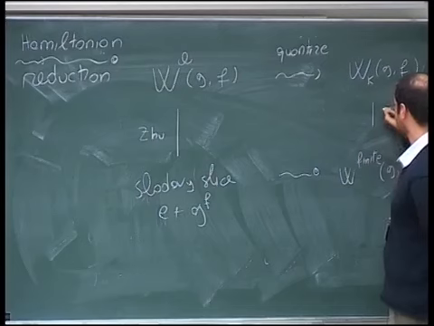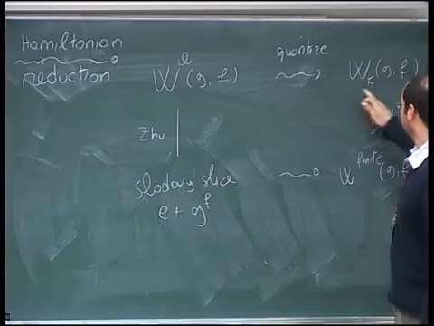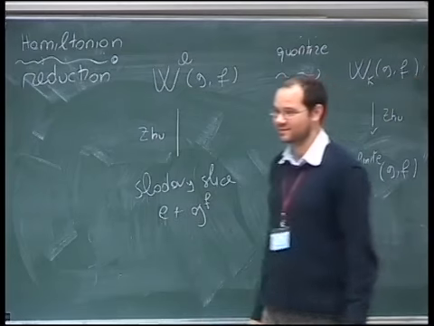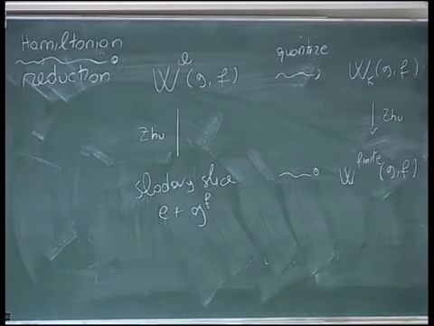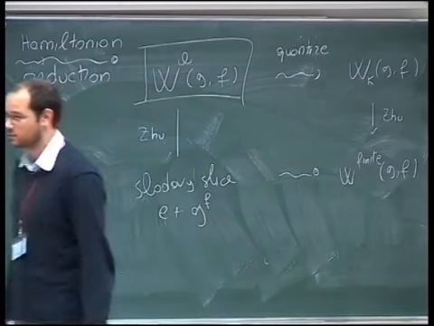And these two are connected by taking the Zhu algebra. So this is what Arakawa defined, and this is what many people discussed during this week. And so what we are considering now is this object in this diagram, the Poisson vertex algebra.